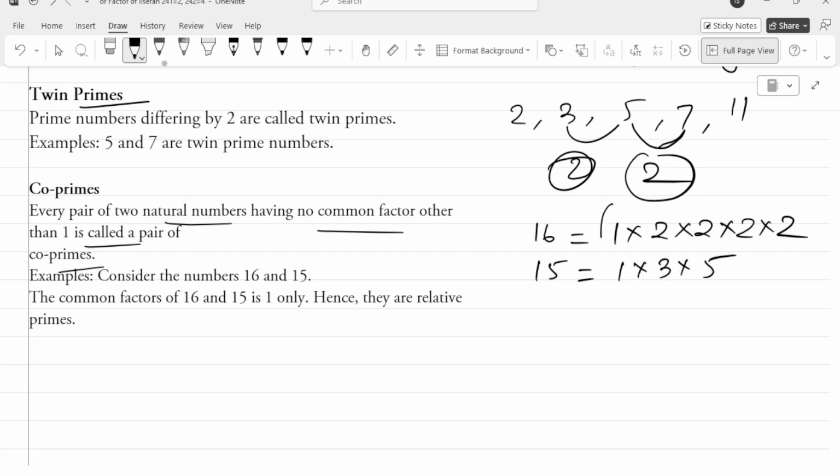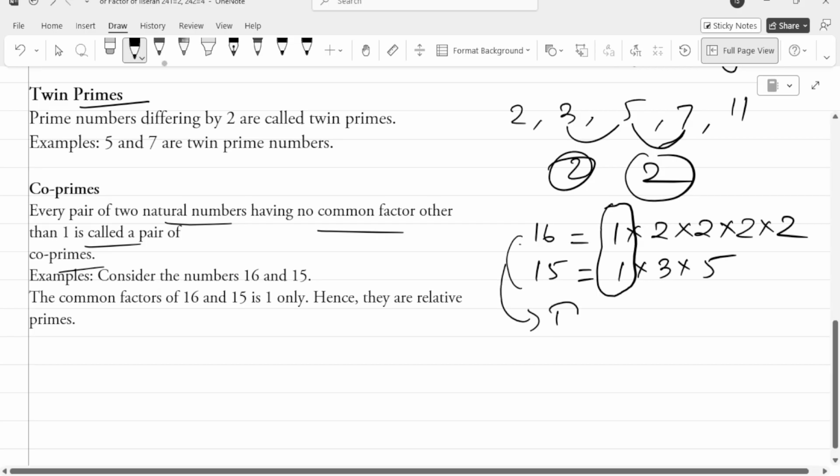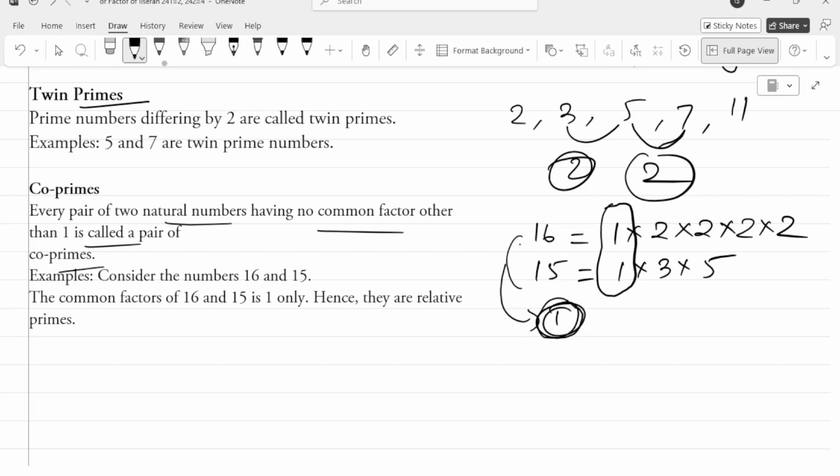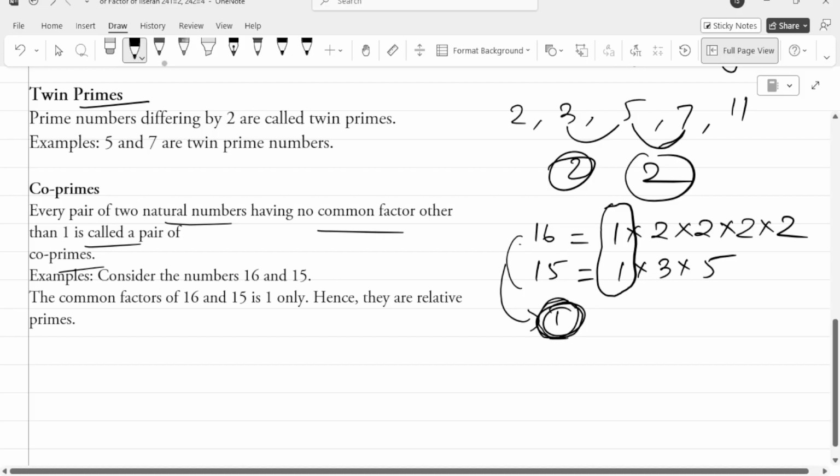You can clearly see there is only one common factor, that we call co-prime numbers. 16 and 15 are co-prime because they have only 1 as a common factor.